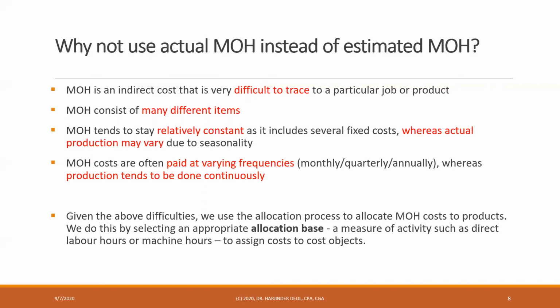The allocation bases typically tend to be direct labor hours for a labor-intensive production process and machine hours for a company that uses more machine time than direct labor.